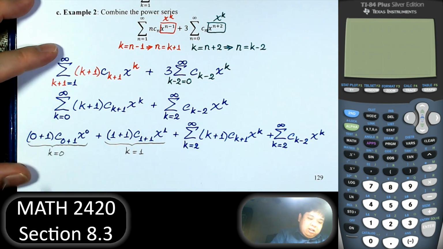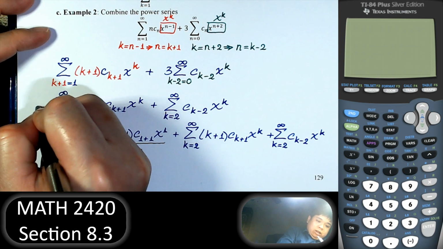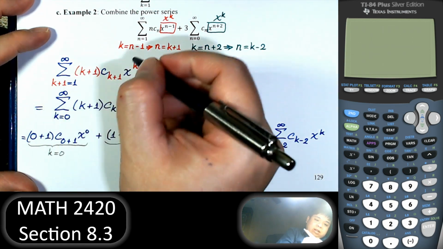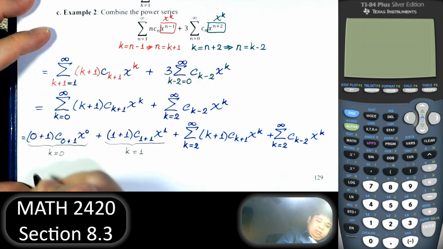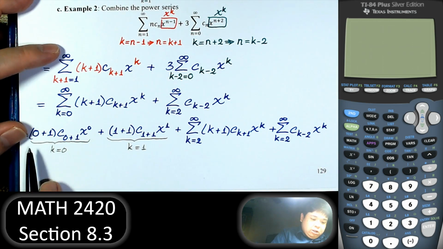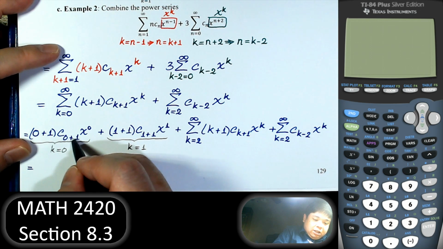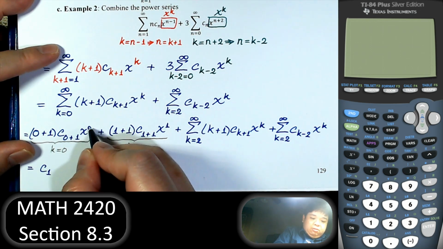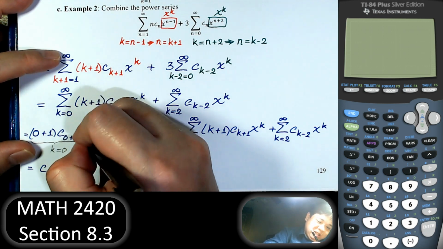Now let's simplify this. By the way, we can say that the series is equal to, all of them are equal. Right, 0 plus 1 is 1. C of 0 plus 1, so C1. X naught is 0, and x to the 0 power is 1.